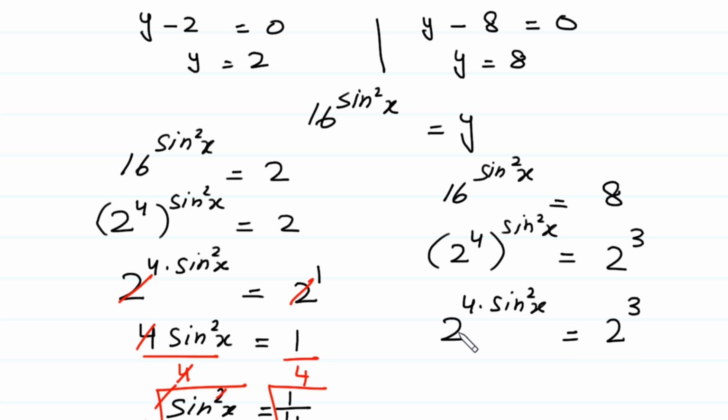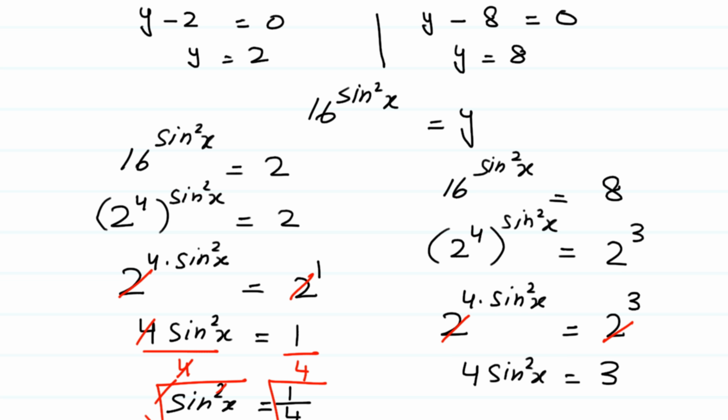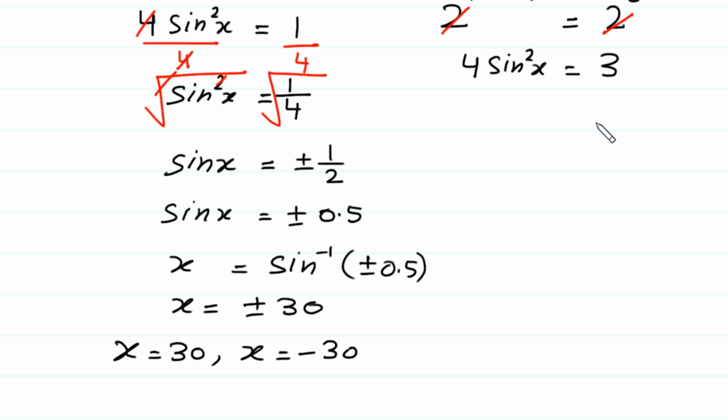Now base is same at both sides, so this 2 will be cancelled with this 2 and here left 4 times sine square x is equal to 3. Next we divide both sides by 4. At left side divided by 4 and at right side divided by 4. This 4 will be cancelled with this 4 and here left sine square x is equal to 3 divided by 4.